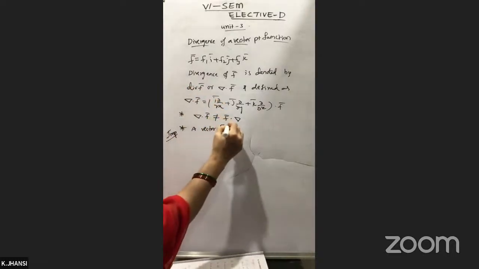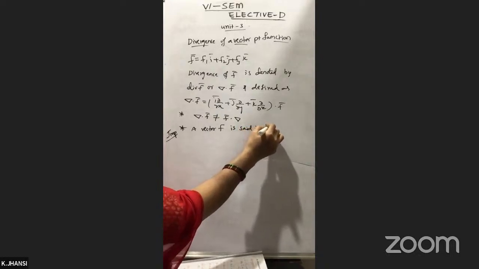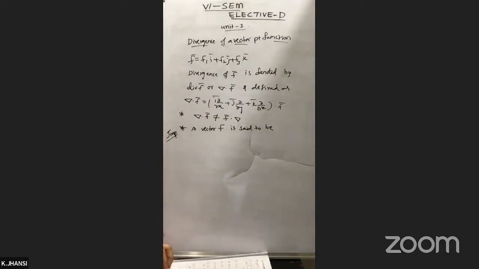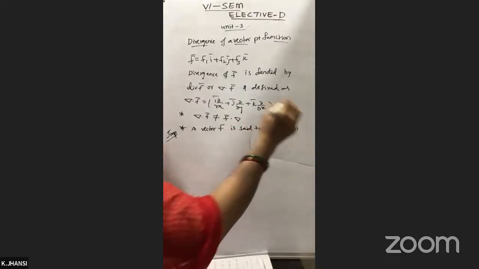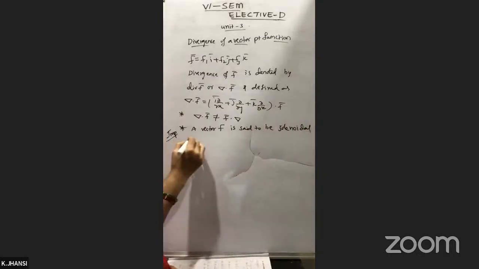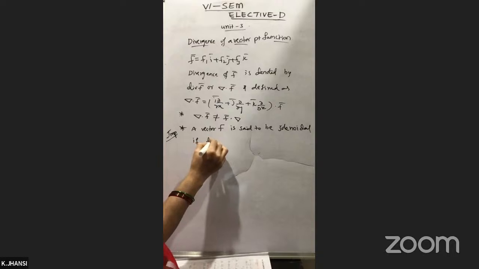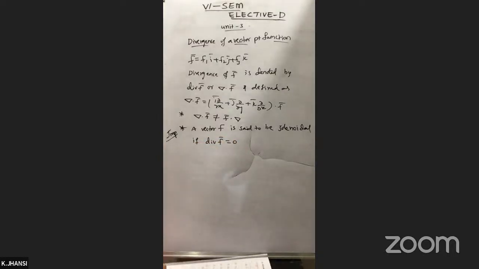A vector F is said to be solenoidal if div f equals 0. Okay. If the div f value is equal to 0, then we call that vector f a solenoidal.